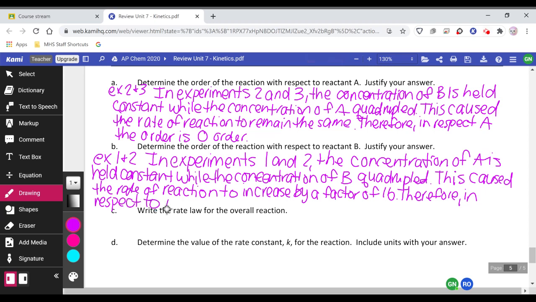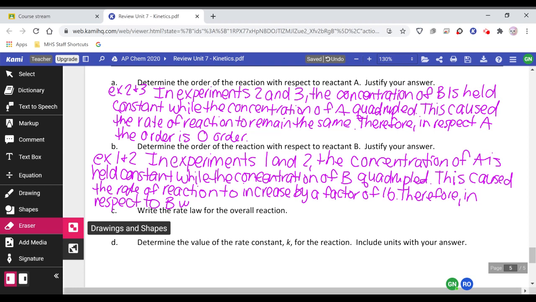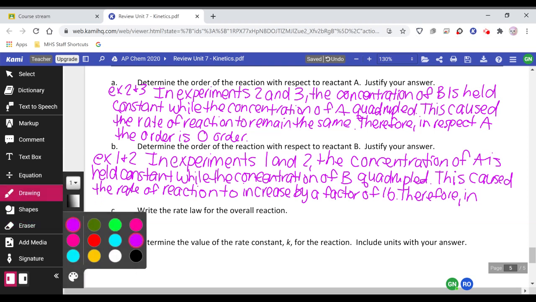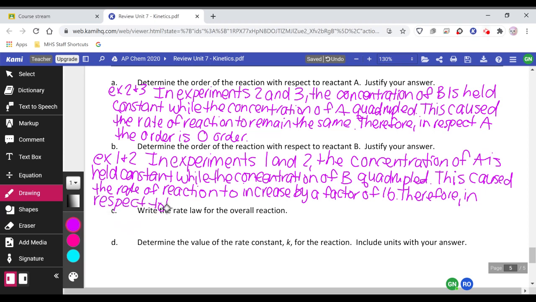Second. Yes. Let me change that. I don't like putting "we" in my answer. For in respect to B, the order is second.